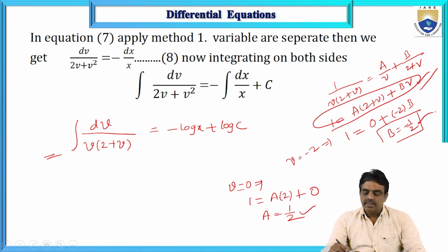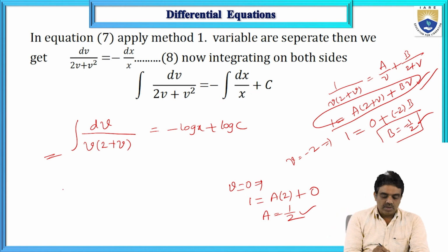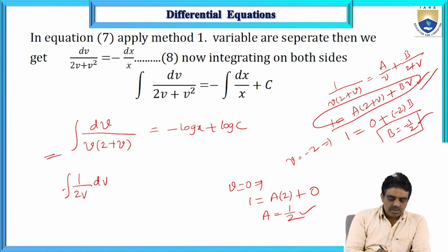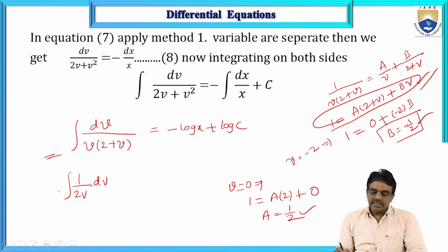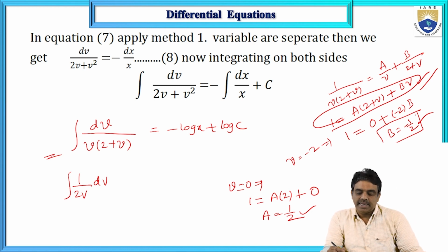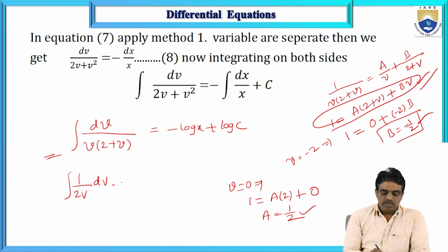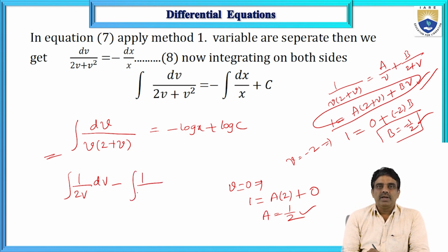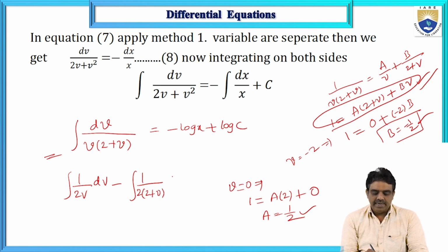So on replacing, the first term is integral 1 by 2v dv, there is no minus here. The second term, b is minus 1 by 2, so minus integral 1 by 2 into (2 plus v) dv is equal to minus log x plus log c.